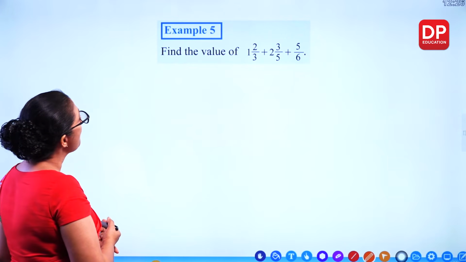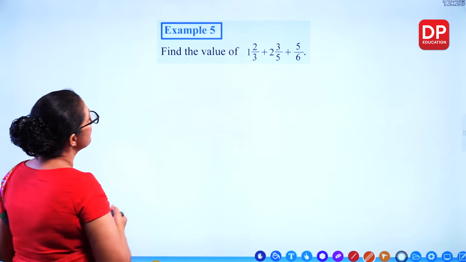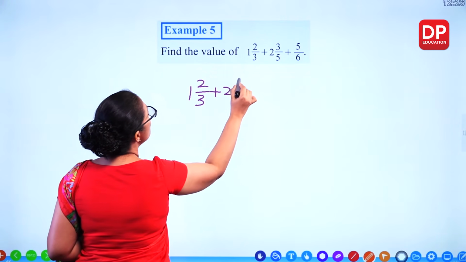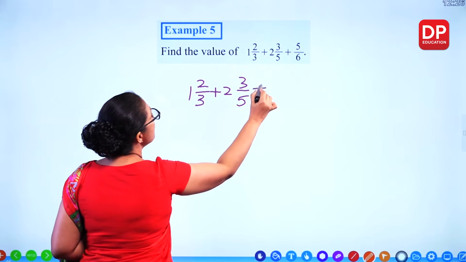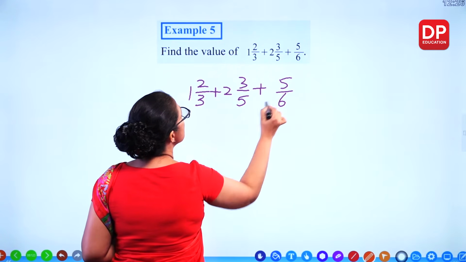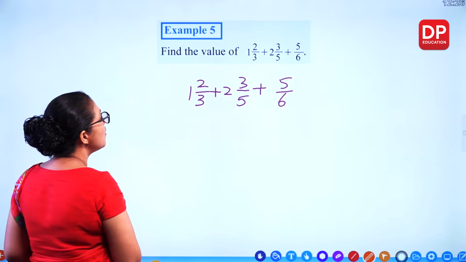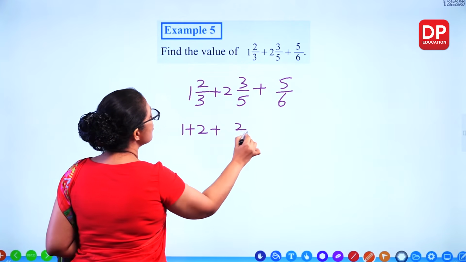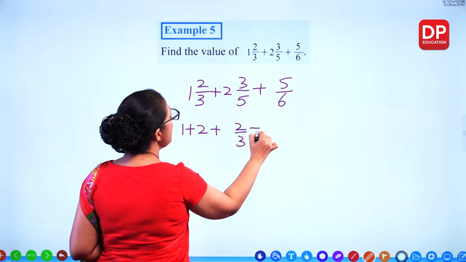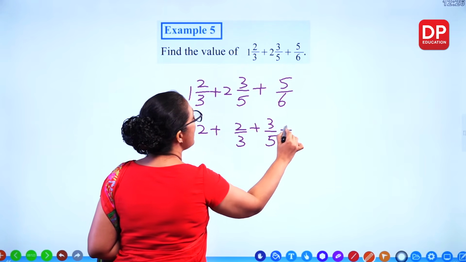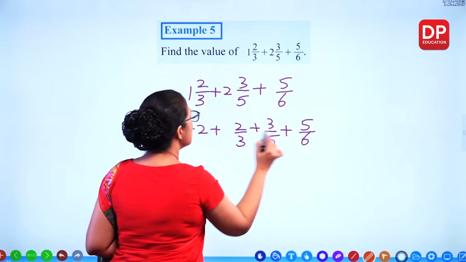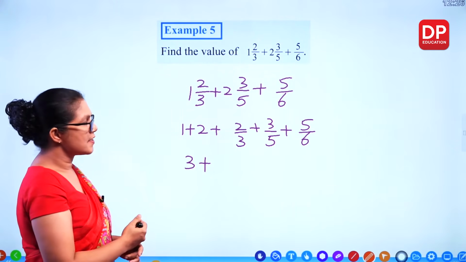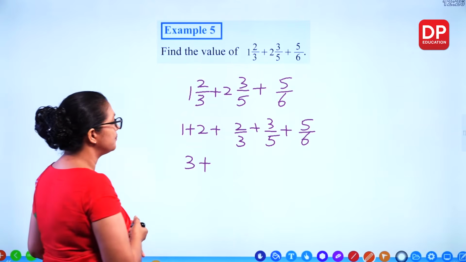Example 5. Find the value of this. So 1 2/3 and 2 3/5 and 5 over 6. So you can add the whole numbers. 1 plus 2. And add fractions. 2 over 3, 3 over 5 and 5 over 6. So 2 plus 1, 3. 3, 5, 6. What's the common denominator?